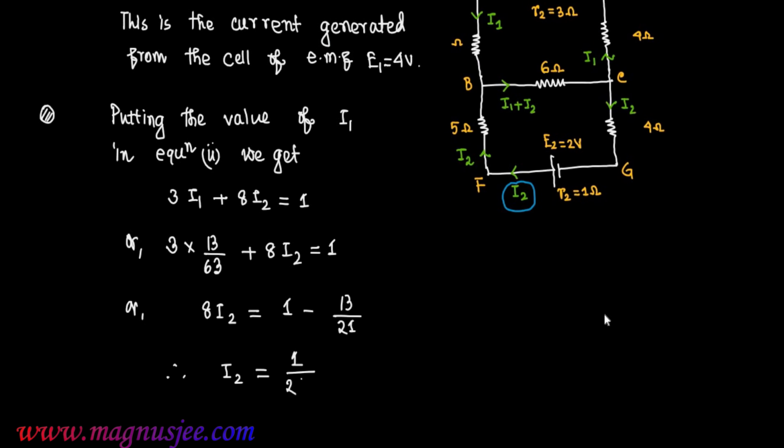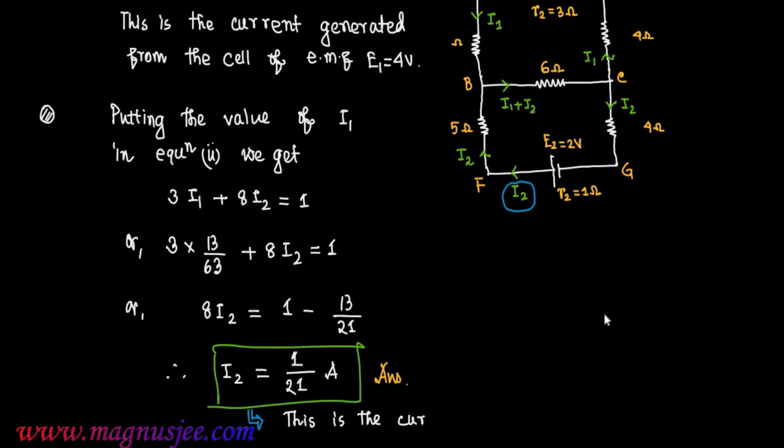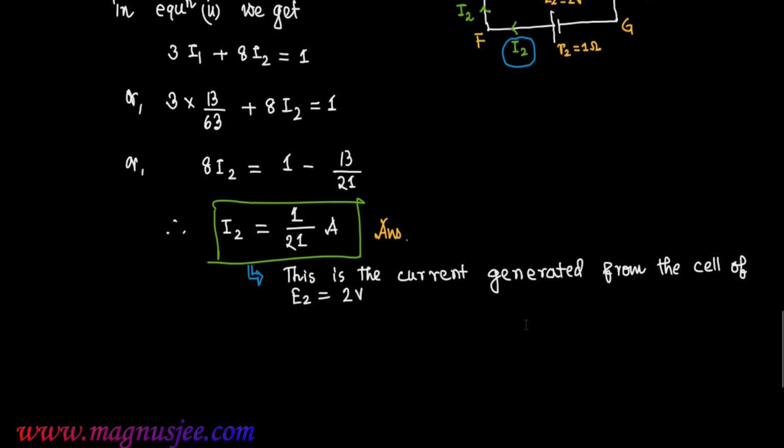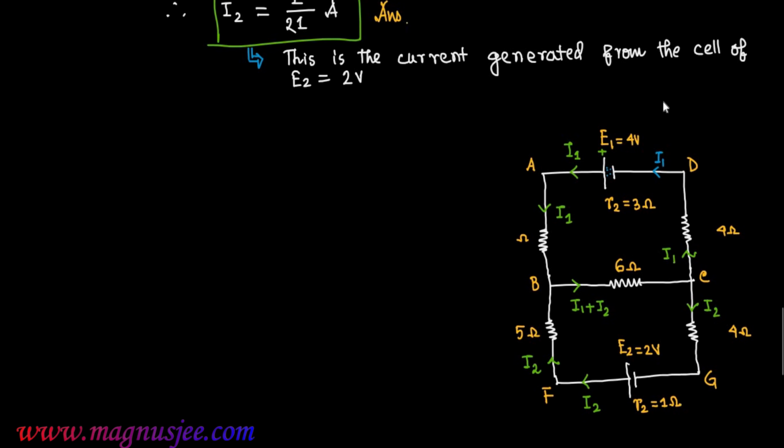Therefore I2 is equal to 1 by 21 ampere. By simplifying, we get I2 as 1 by 21 ampere. This is the electric current generated from the cell of EMF E2 equal to 2 volt.